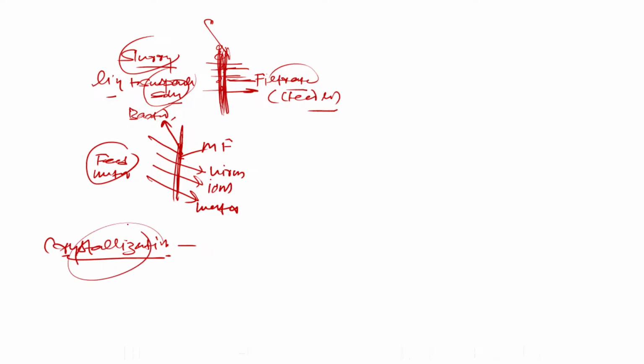As the name says, crystallization refers to the method of inducing nucleation. Nucleation means birth of nuclei, small particles. So the crystallization process refers to the method of inducing nucleation and forming solid crystals from a solution. That's called crystallization.